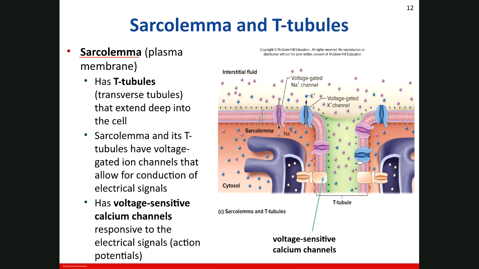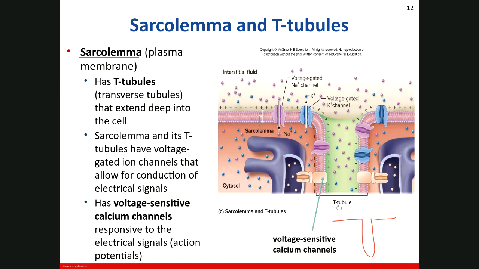Let me draw it here for you. Imagine that this is the cell membrane. The cell membrane makes some invaginations inside. These invaginations are called T-tubules, or transverse tubules. And this is the T-tubule, or transverse tubule, which you can see here.